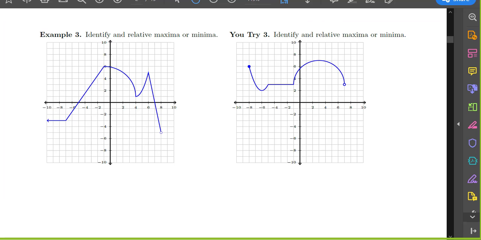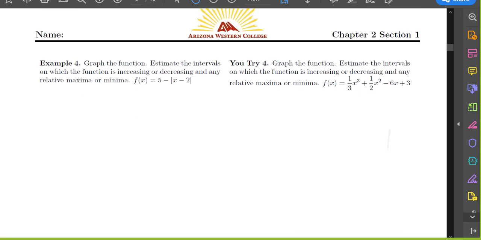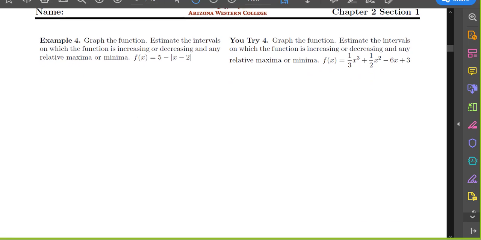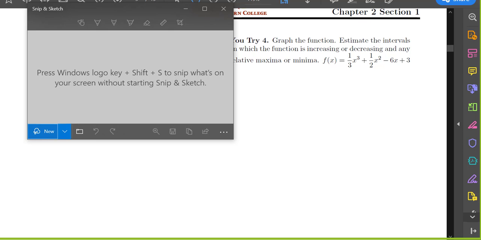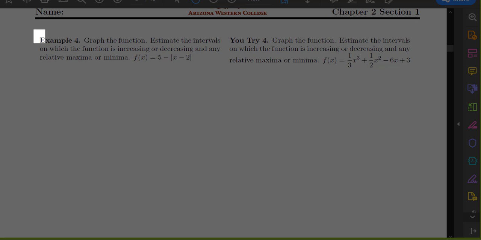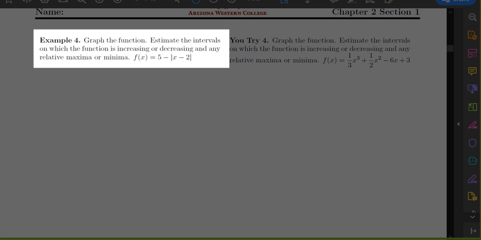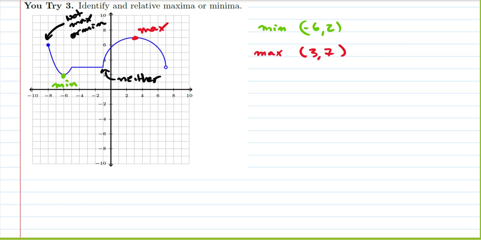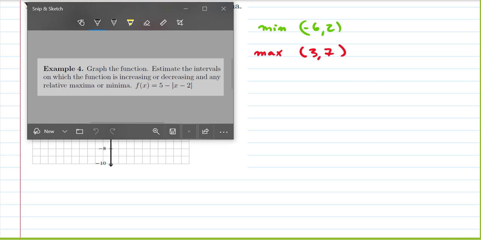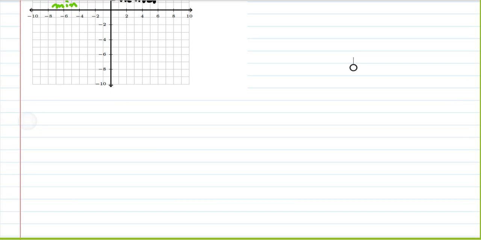So our next example wants us to graph the function and then estimate the intervals where the function is increasing or decreasing, and then find our local maxes and our local mins.